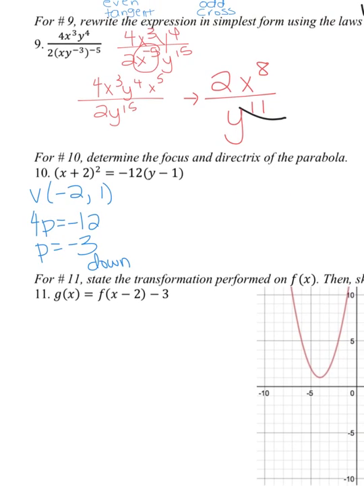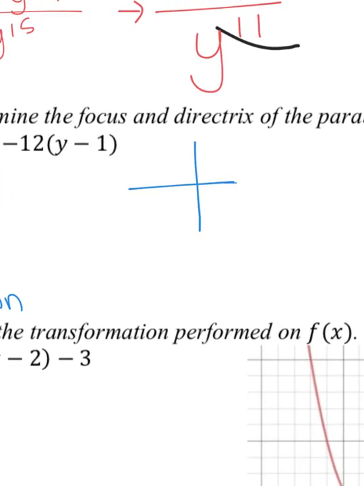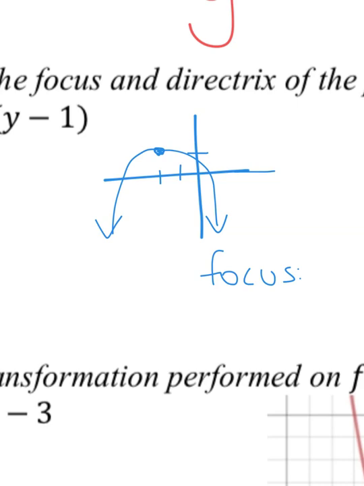So I draw it. Negative 2, comma, 1 is right here. And my parabola is concave down. So to figure out the focus, because p is negative 3, I go down 1, 2, 3 from the vertex.